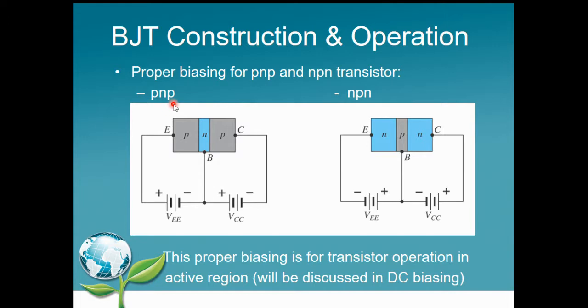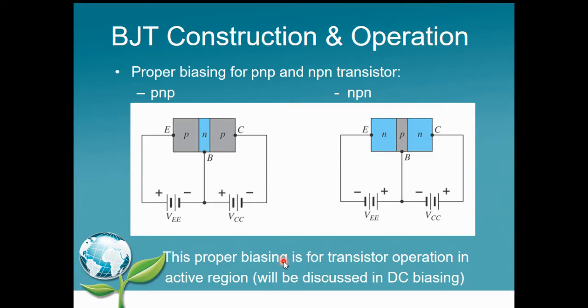For the PNP, E is connected to the positive and B connected to the negative. However, for the NPN, the E terminal is connected with the negative and B is connected with the positive. Okay, why does this transistor connect with the different terminal of the DC supply? I will explain later in the next slide.